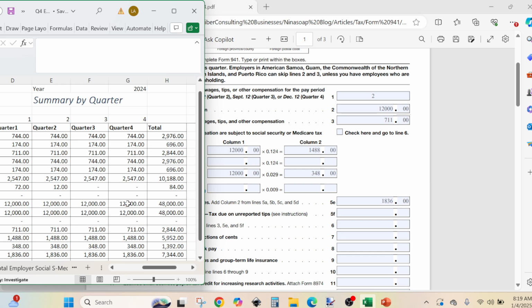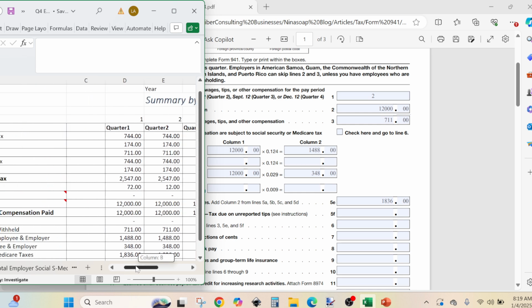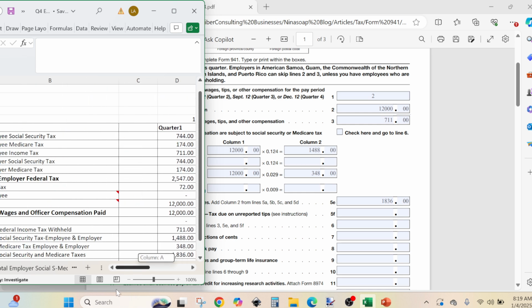We have line 2, 12,000. We have 711. We have 1488 for Social Security tax withheld. We have 348 for Medicare tax withheld. And then we have 1836 for both Social Security and Medicare tax.